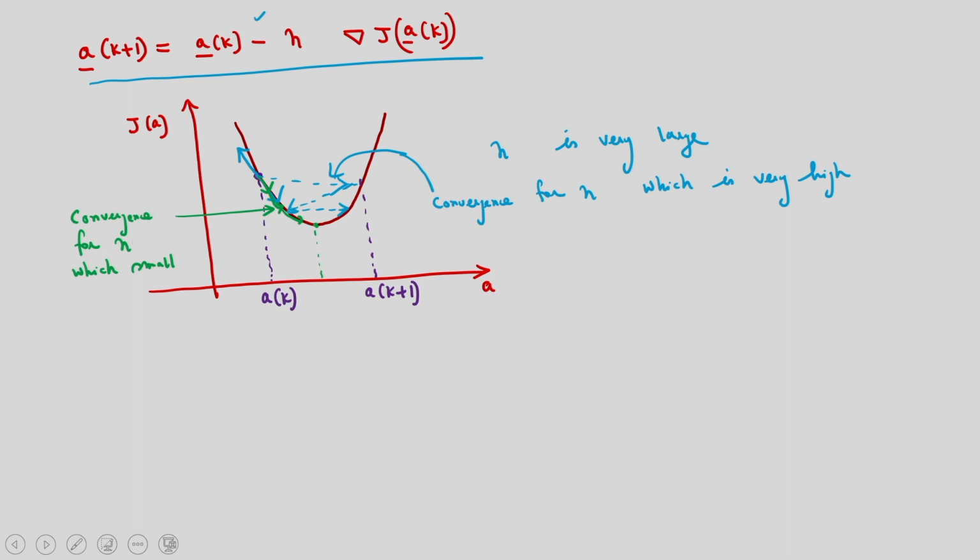You can see I am showing the conditions for the convergence. One is eta very small, another is eta very high, and you can see this is the minimum point. So we have to find this point, the minimum point.